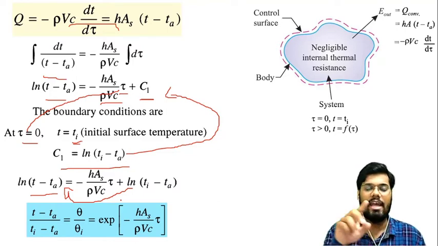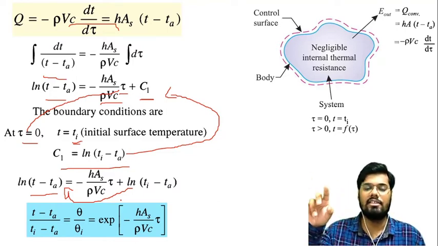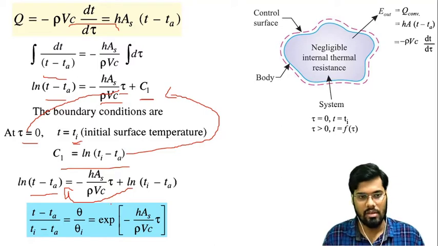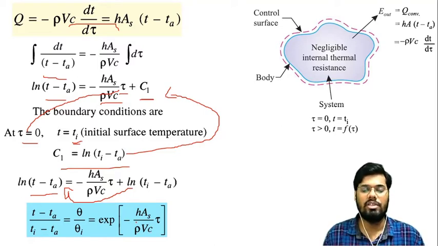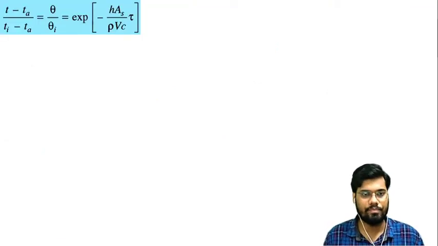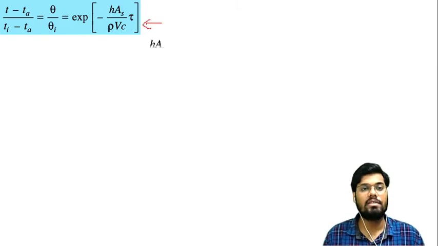If ln x is equal to y, then we can write x is equal to e raised to y. So here we remove ln, and this term will be exponential of minus hA upon rho V c tau. This T minus Ta we can write as theta, the temperature difference, and Ti minus Ta is the initial temperature difference, so we write theta i. So this is the equation for the lumped system.